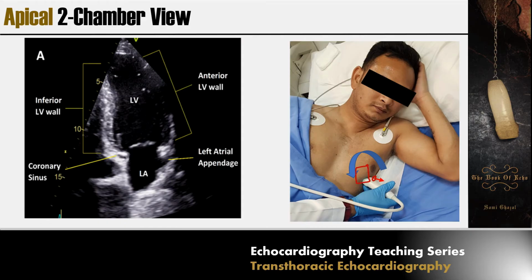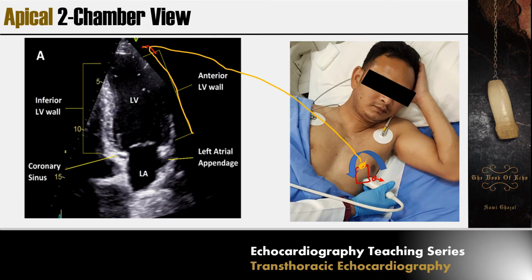It will be like this, and your index mark will be pointing up, and it will be shown on the right side of the monitor. So the index mark is pointing up, and it is shown on this side of the probe. So this side of the probe will be anterior, and this side here will correspond to the inferior wall of the LV.